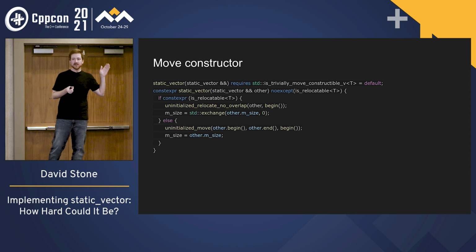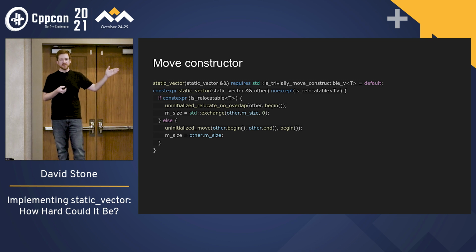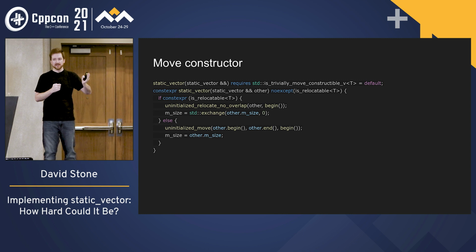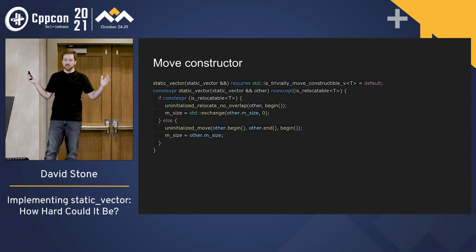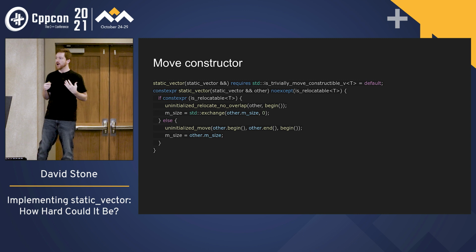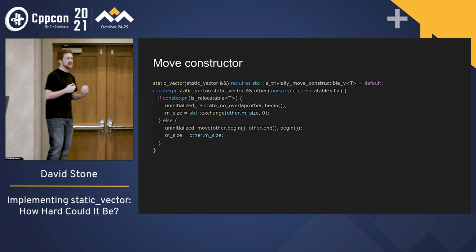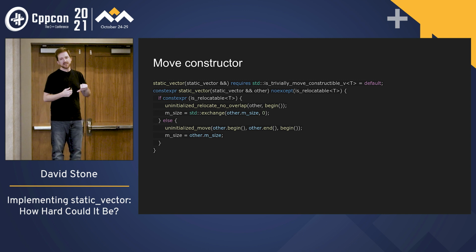And when that happens, you start at the beginning of the source, and you go through, and you destroy each element in turn. Which means that you're visiting the source range twice, possibly far apart in time, with some amount of intervening code that makes it harder for the optimizer to see what's going on. Relocation says, okay, let's package that up into one thing, move construct, and then destroy.